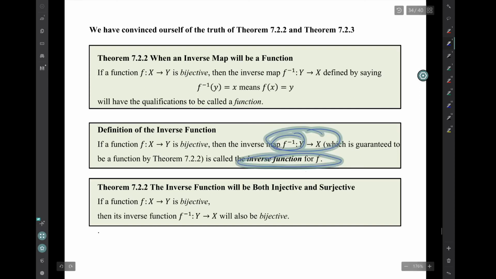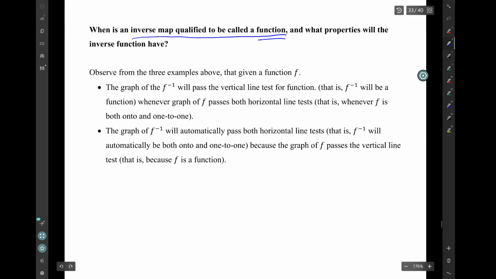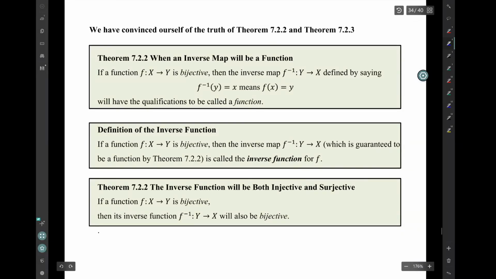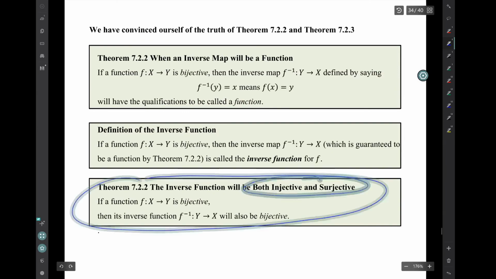It's only a function in the case that the original function f is bijective. And then what we just discussed about the properties of the inverse function, the fact that the inverse function will pass the vertical line test and it'll automatically pass the horizontal line test, those things are embodied in this theorem. The inverse function will be both injective and surjective.